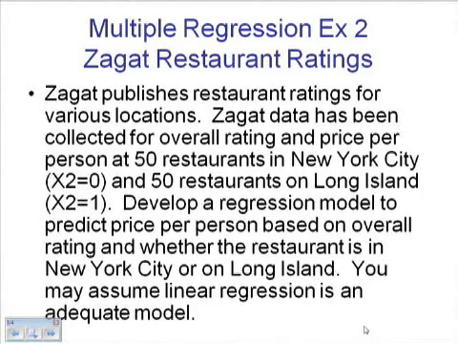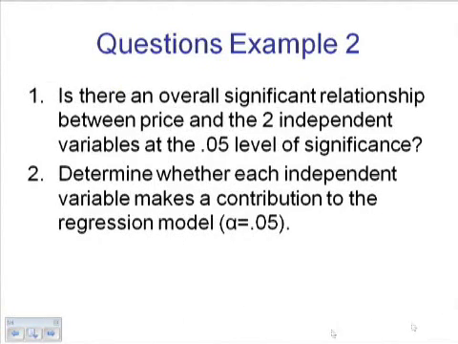Quick review, we're trying to predict price, so that is our Y variable, based on X1 rating and X2 location, which is a dummy variable, New York City or Long Island. Let's look at the questions we're going to answer this time. Two questions.